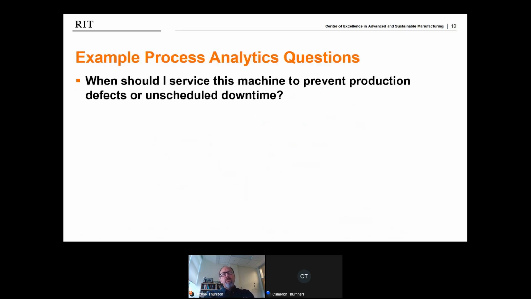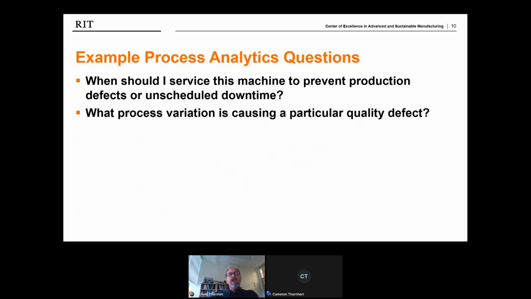So we're going to talk through the presentation about shop floor or process level analytics and also business level analytics. Again, just to start out and understand a little bit more what kind of questions we're trying to answer at the process level, we have a couple of examples here. When should I service this machine to prevent production defects or scheduled downtime?